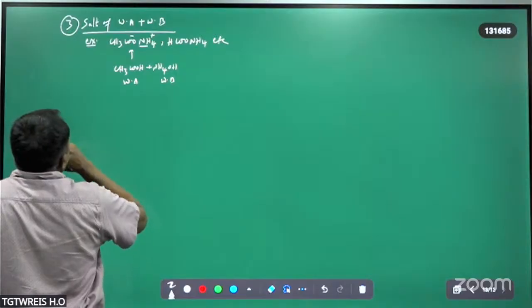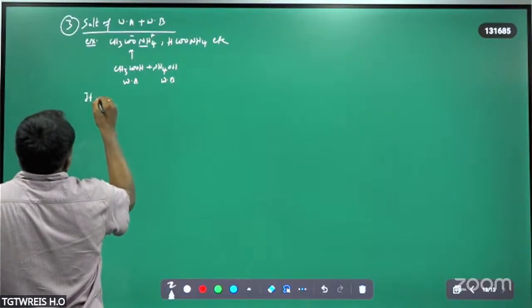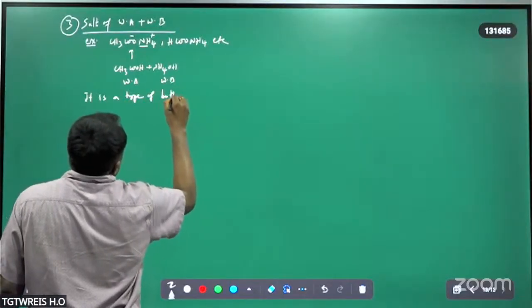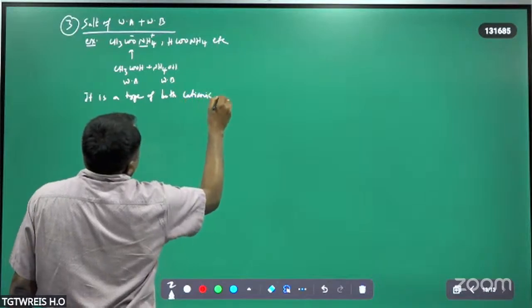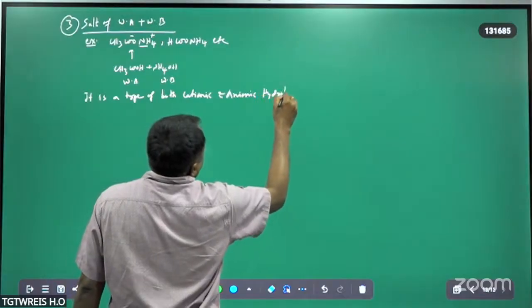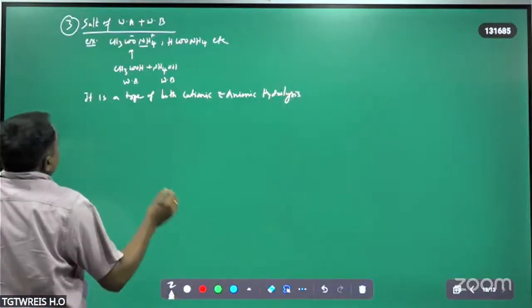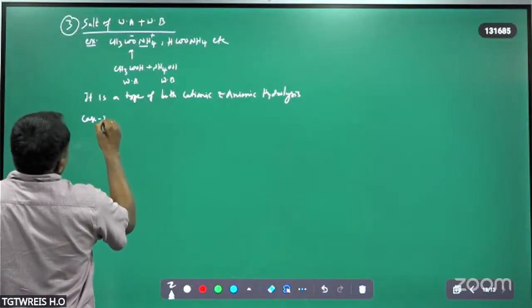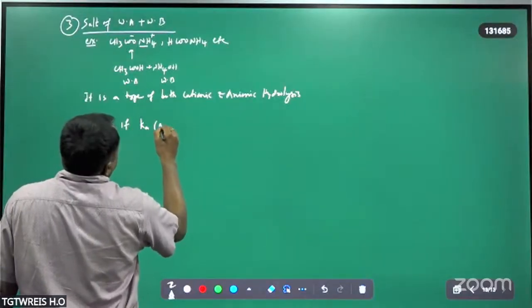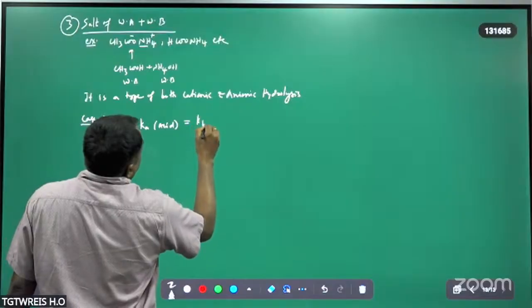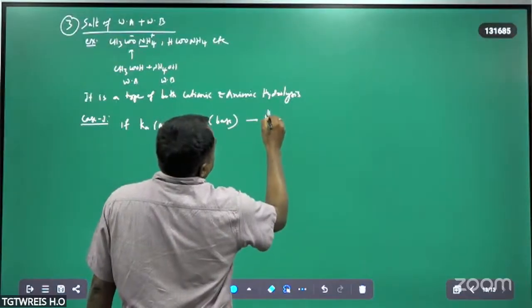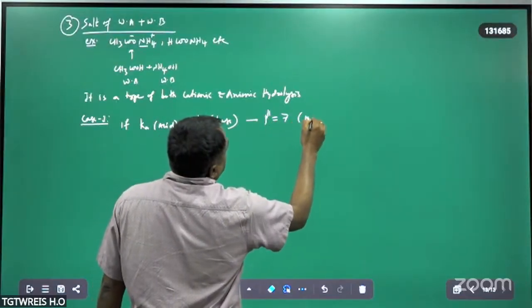Here there is both cationic and anionic hydrolysis. Case 1: if Ka of the acid is equal to Kb of the base, such solutions have pH exactly equal to 7. They are neutral in nature.